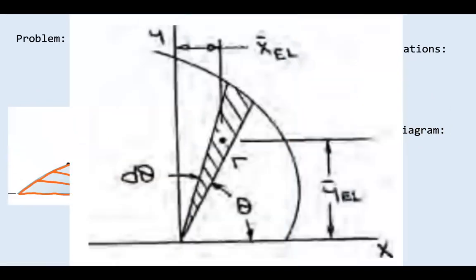Here is another clear picture, maybe. So we have first located the centroid of each individual small sector, and then lowercase x bar is the location of that centroid from the origin. And similarly, lowercase y bar is the location of the centroid in the y direction from the origin.